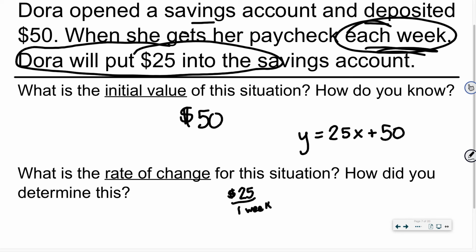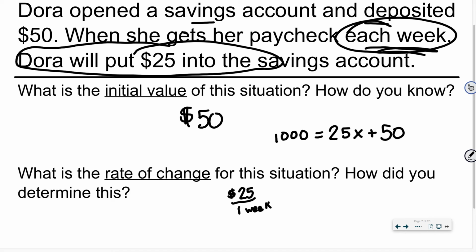How would you figure it out? So what would you replace? The y. You can replace the y with $1,000 because that would be our total.